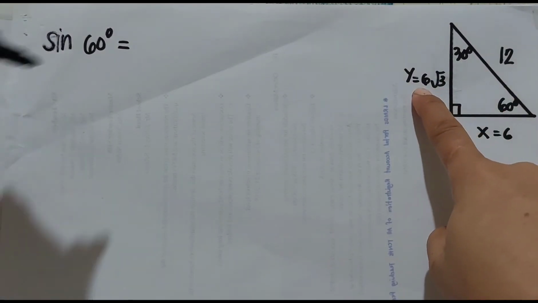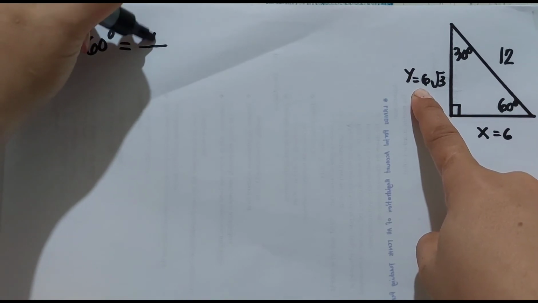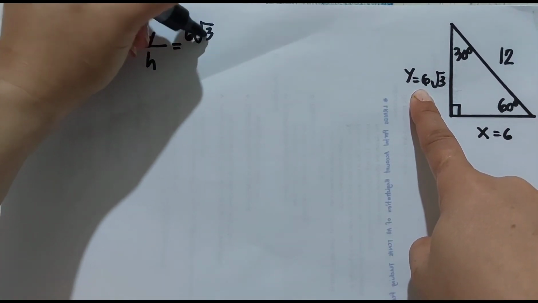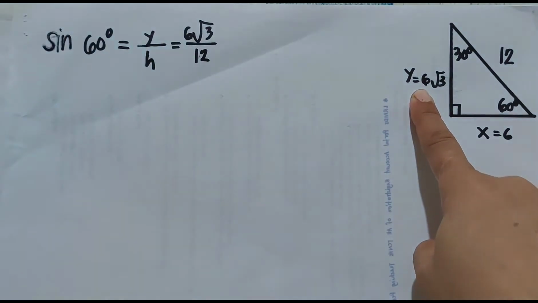So sine 60, that is opposite over hypotenuse, so you have your y and your h. So your y is equal to 6 square root of 3 over hypotenuse, which is 12.